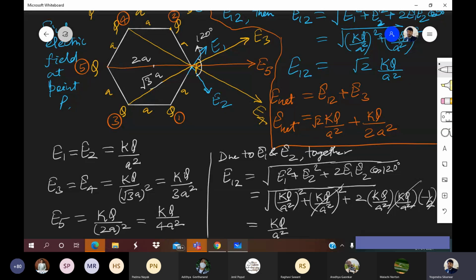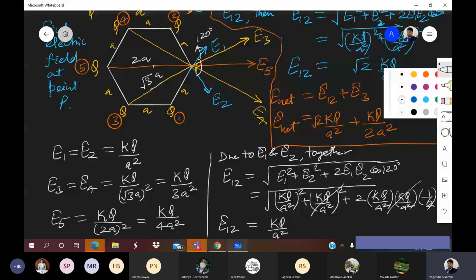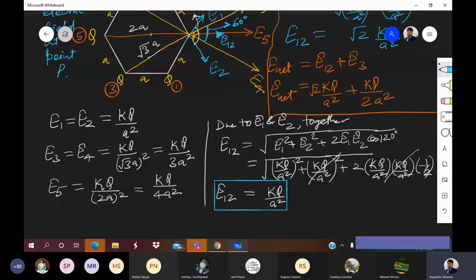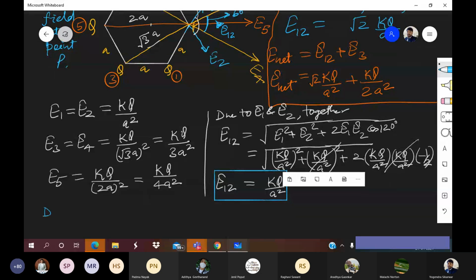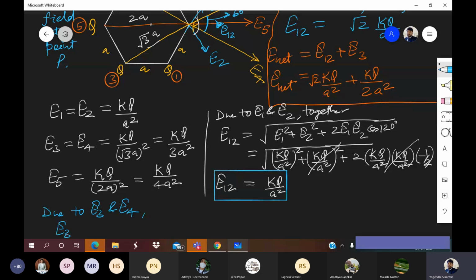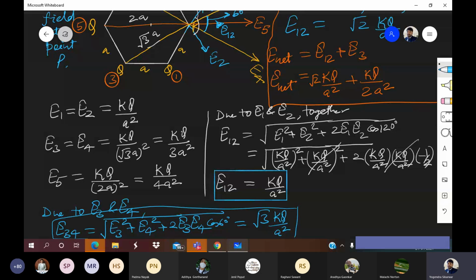Now, the angle between E3 and E4 is 60 degrees. So due to E3 and E4, I am calling it E34, and that will be under the root of E3 square plus E4 square plus 2 E3 E4 cos 60, and that came out to be root 3 times KQ by A square.